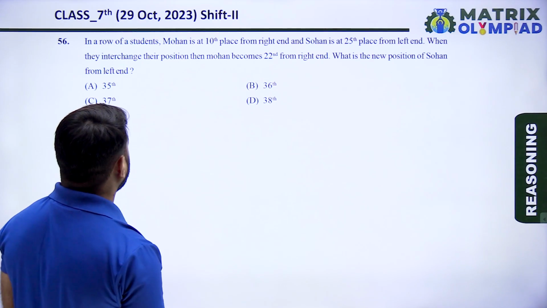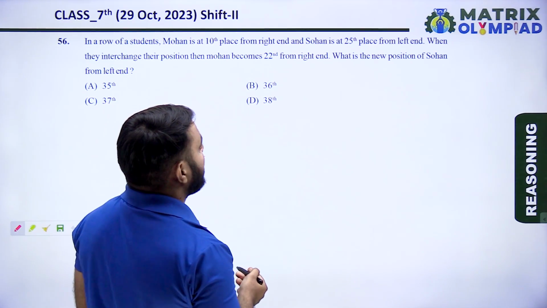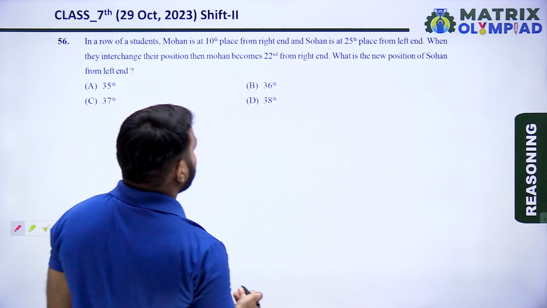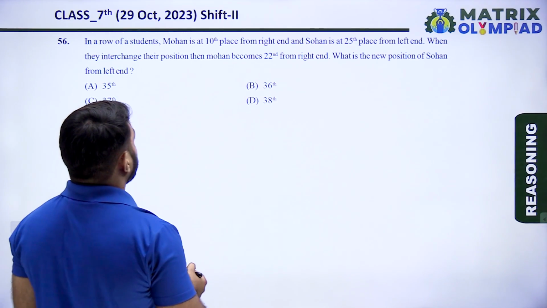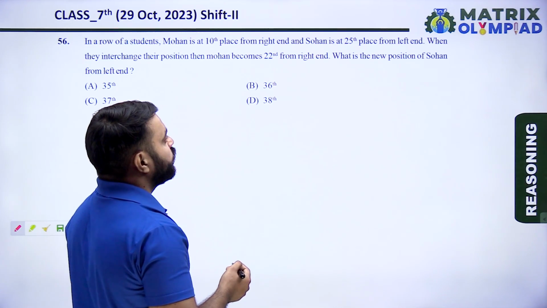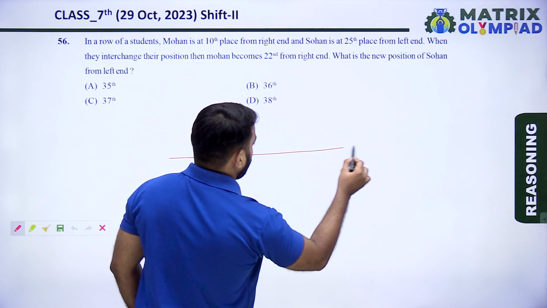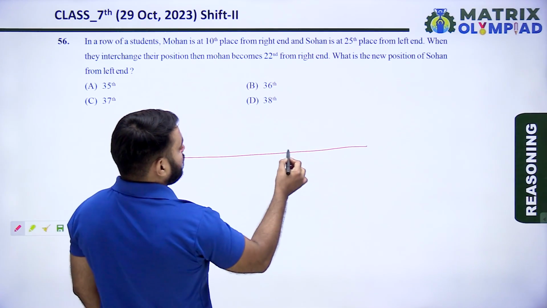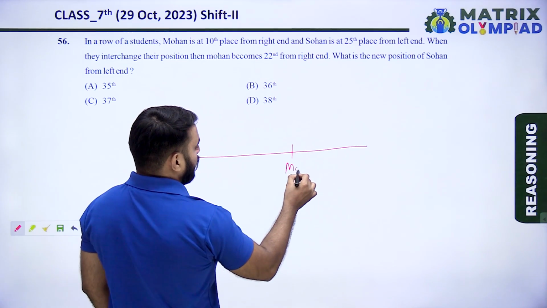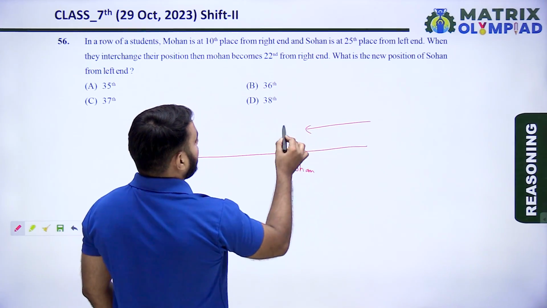In a row of students, Mohan is at 10th place from the right end and Sohan is at 25th place from the left end. When they interchange their position, then Mohan becomes 22nd from the right end. What is the new position of Sohan from the left end? So in a row, according to the question, the position of Mohan from the right is 10.